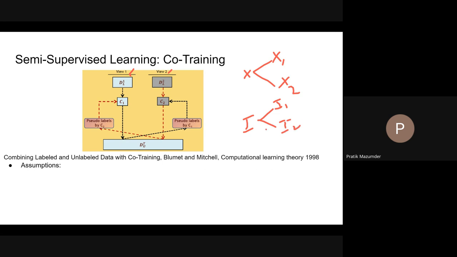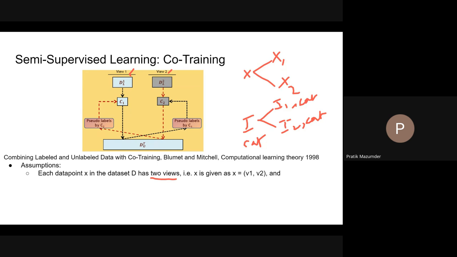So if the original image had the class cat, even after augmentation, both these augmented views will still belong to the cat class, but there might be some difference in the visual representation of these two views. So first of all, every data point has two views. You can also extend this idea to multiple views, but for now, let's consider two views.